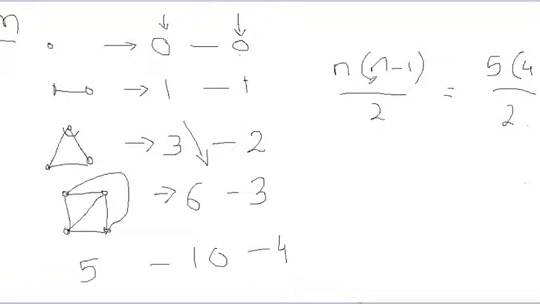And how many ports will you be requiring? It is the number of nodes minus 1. That many ports are required. So if you have 5 nodes, then you need 4 ports. Which means that if you have n number of nodes, then you'll be requiring n minus 1 ports.